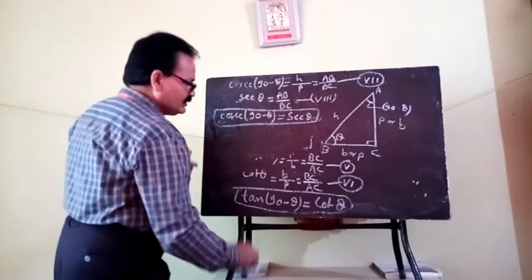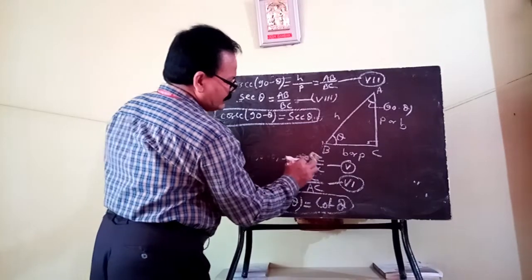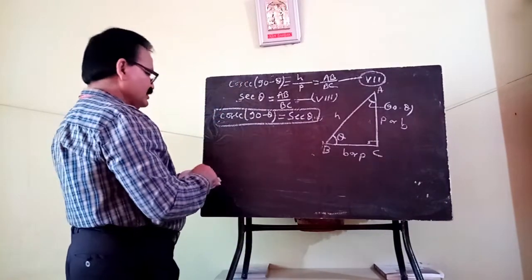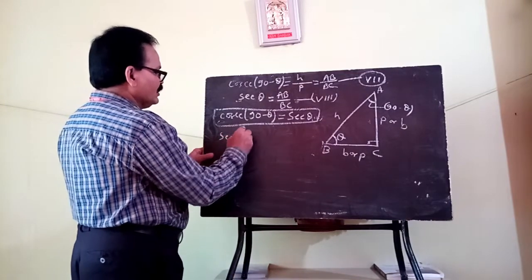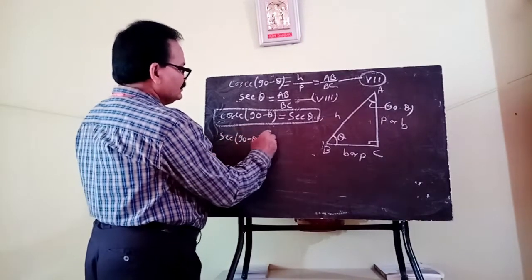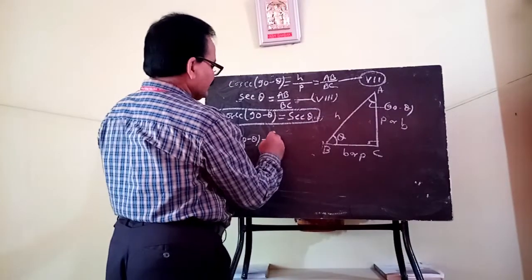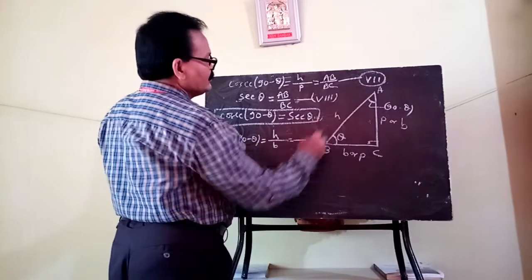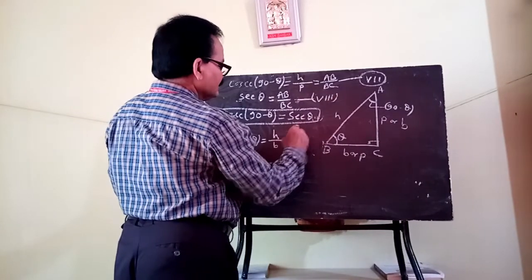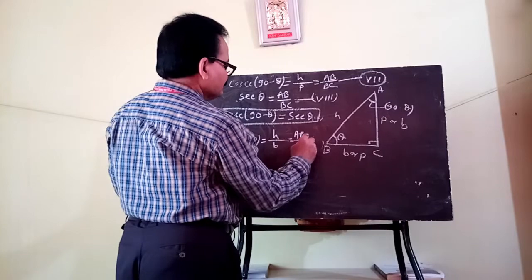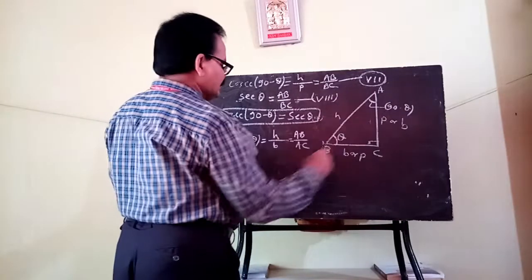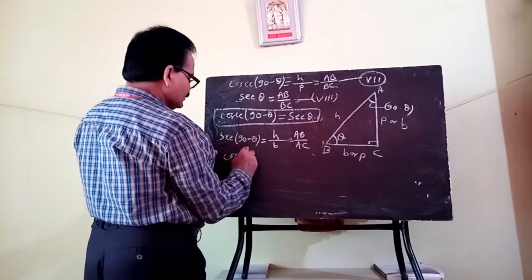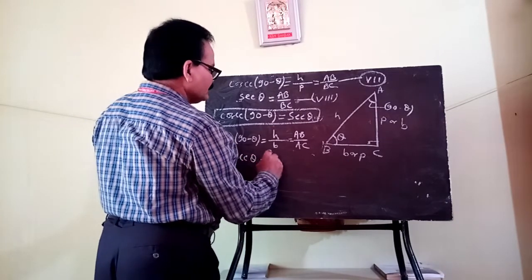Similarly, if we take sec 90 minus theta, the sec value of 90 minus theta. For this angle, the sec value will be H, which is your AB, and B, which is your AC. And AB and AC for this angle theta will be your cosec theta.